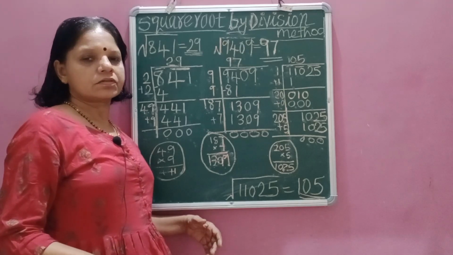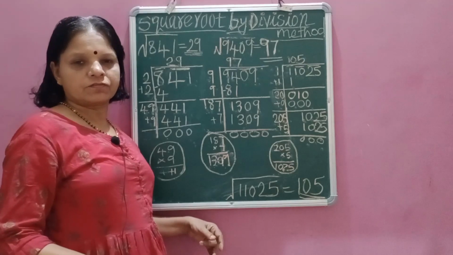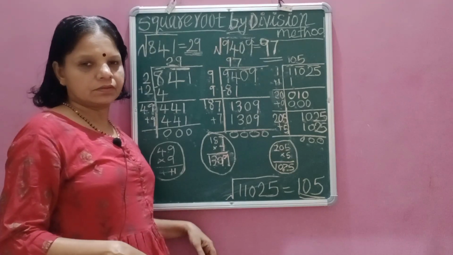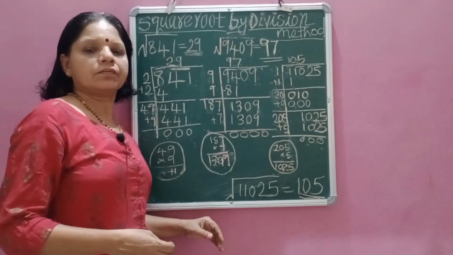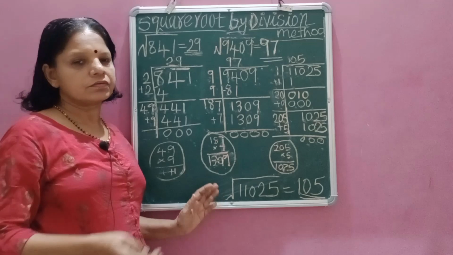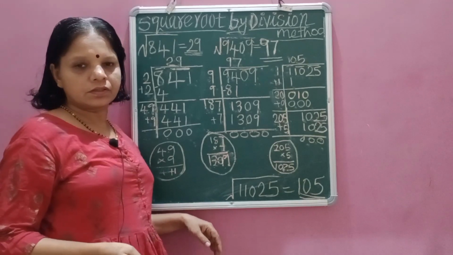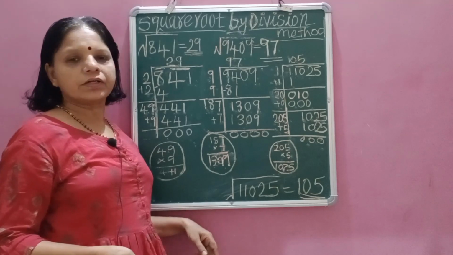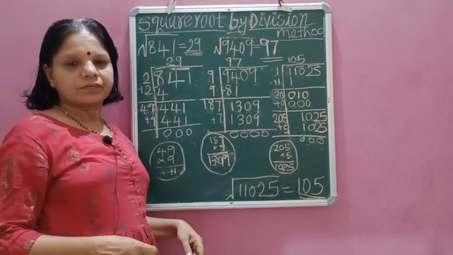Later I can teach how to find the square root of non-perfect squares by the division method. Now you will practice this by taking so many perfect squares and doing the division process. I think you understood the division method of finding the square root of a perfect square.